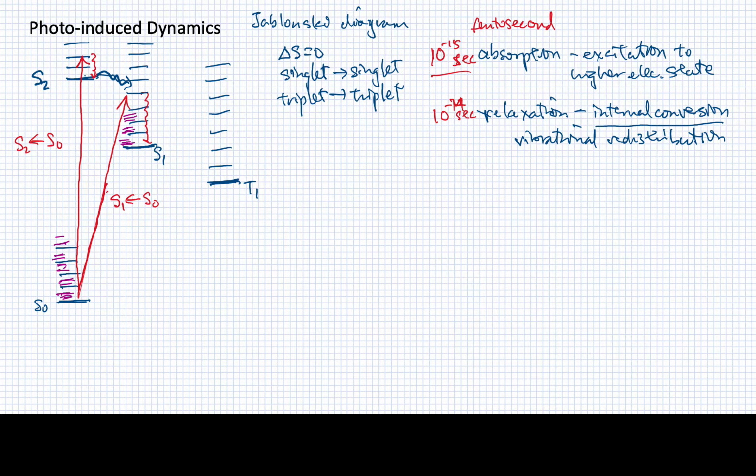And this is what we would refer to as an internal conversion. So maybe it's better for me to reserve that term here. And this internal conversion is, for example, what's happening when I go from S2 to S1 up here. As a means of redistributing the energy by changing the electronic state that the molecule is in.